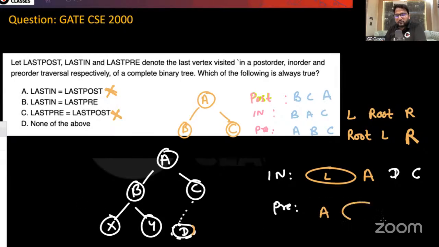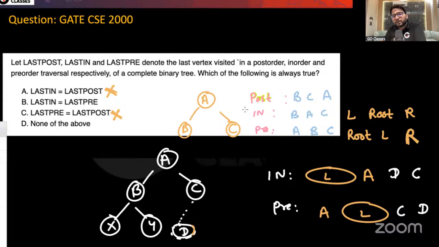So root is A, and the left is B, X, Y in whatever order. On the right side, it is C, D. For pre, it is root first and then left. So you notice here that this is C and this is D. These two are also not equal, isn't it?